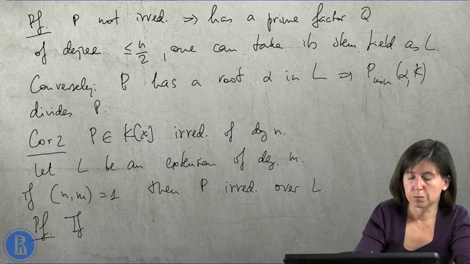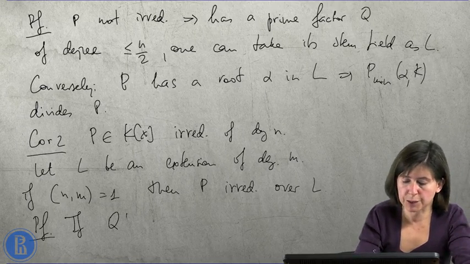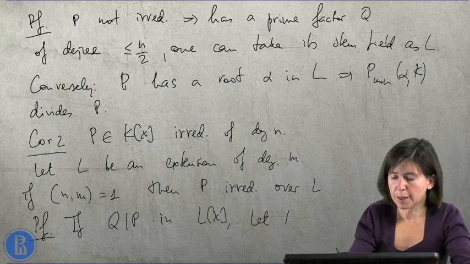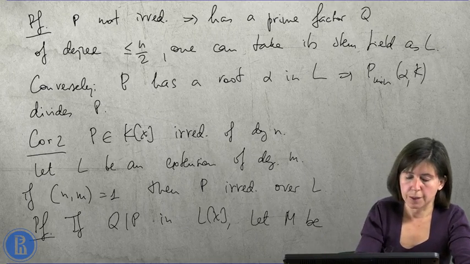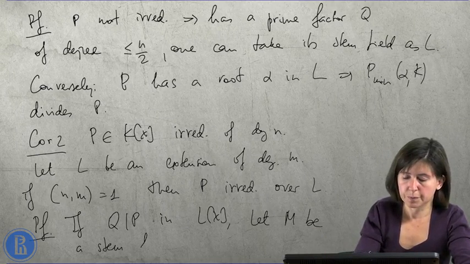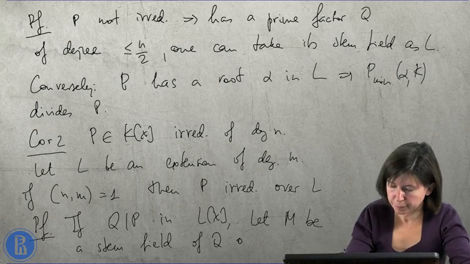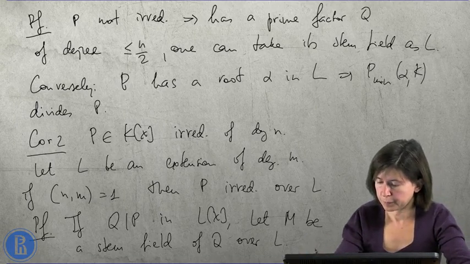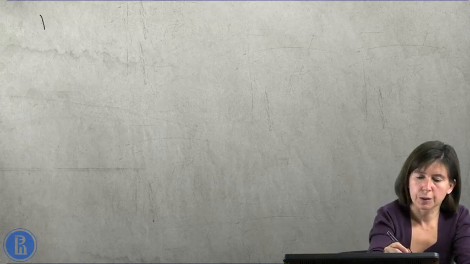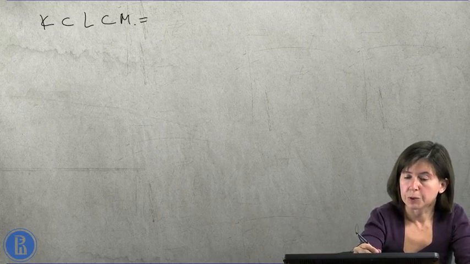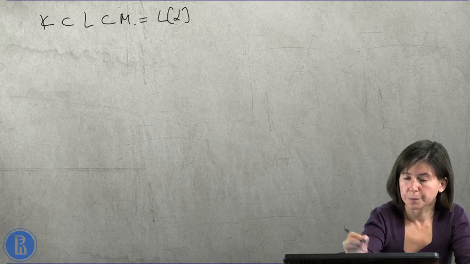If this is not the case, Q divides P in L of x, let M be a stem field of Q over L. So we have K in L in M. Well, M is L of alpha.